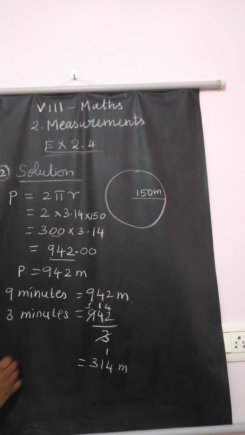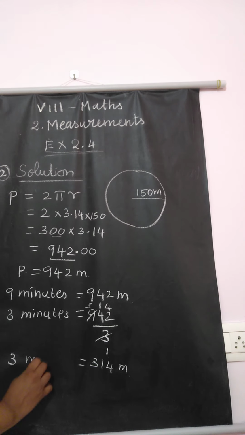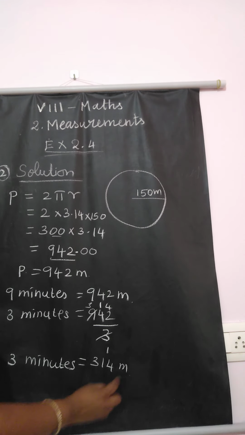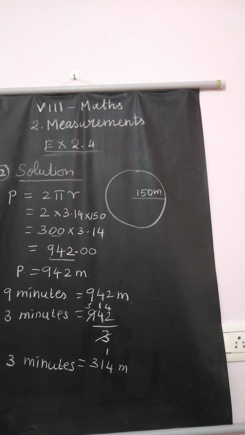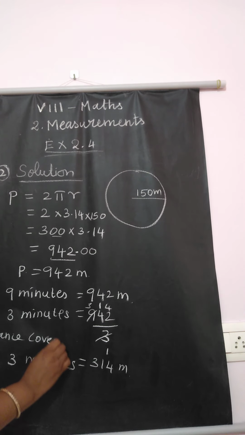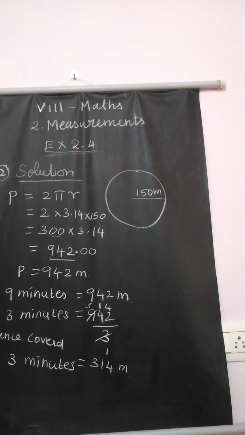Therefore, in 3 minutes, he covers 314 meters. This is the final answer for the second question. Or we can write: distance covered in 3 minutes is equal to 314 meters.